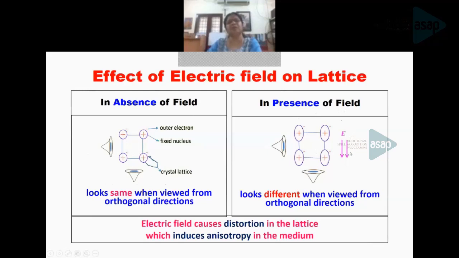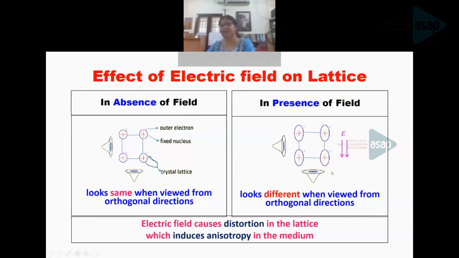So the electric field is applied along this direction. We know that when an atom is placed in an electric field, its positive and negative centers will be shifted apart and produce a dipole. Similarly, the positive centers of the atoms in this lattice shift along the direction of the electric field so that the lattice gets distorted. And this distortion in the lattice induces anisotropy in the medium. Okay, this is the reason why the electro-optic effect is happening.